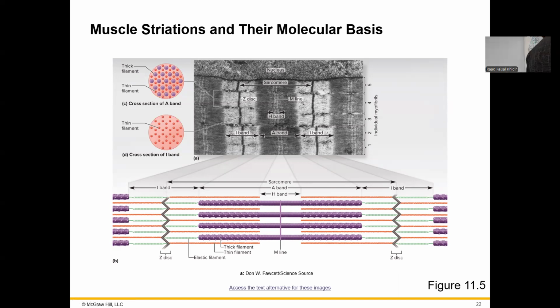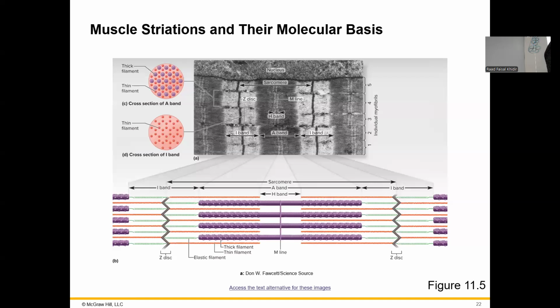Now do you see why we call the A band the thick band? The A band is the thick band because it has a lot of thick filament. But if you look in the middle here, there is no myosin, there is no thick filament.